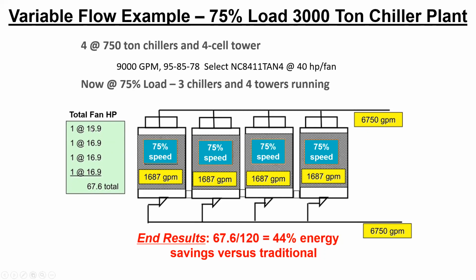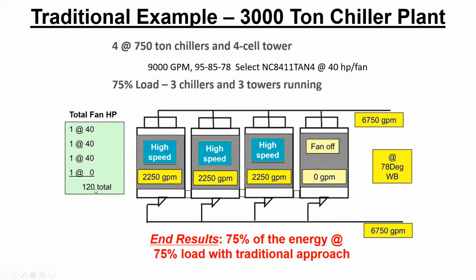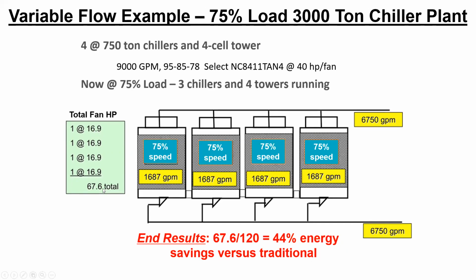So 4 fans work at the same time, total is 67.6. Remember, it was 120, but we can provide the same chiller size, 75%, with much lower horsepower. So we're talking about 44% energy saving compared to the more traditional way of having 1 off.